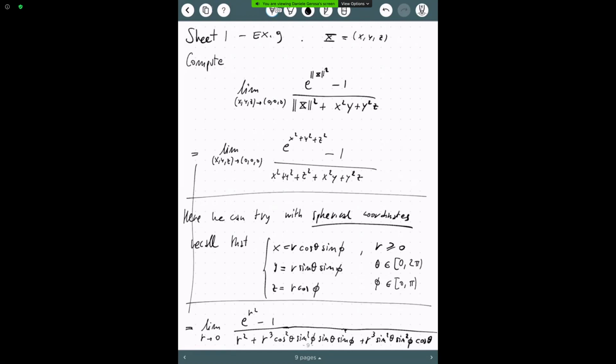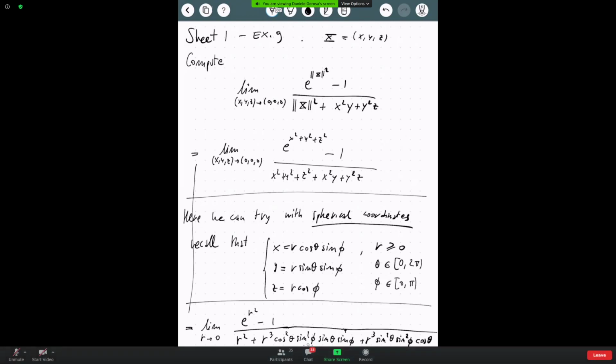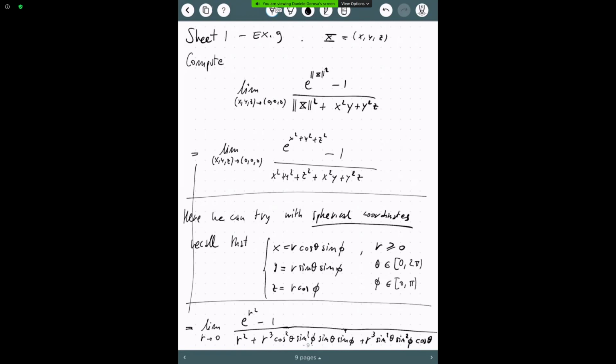Okay, so yeah, sin phi cos theta, which is what I've written, sin phi sin theta, which is what I've written, and cos phi, which is not what I've written, but what I've corrected just now. And phi is between 0 and pi, and theta is between 0 and 2 pi. Yes, so you were correct. Thanks. Yes, sure. Of course.